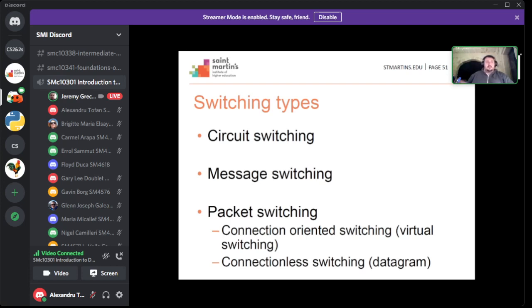So I could have computer A trying to communicate with computer B using message switching, whereby the entire message will go via one route. If I had to send it again, it might go via a different route. But the entire message as a whole is going to be transmitted.